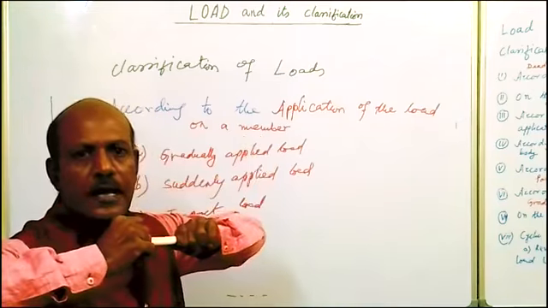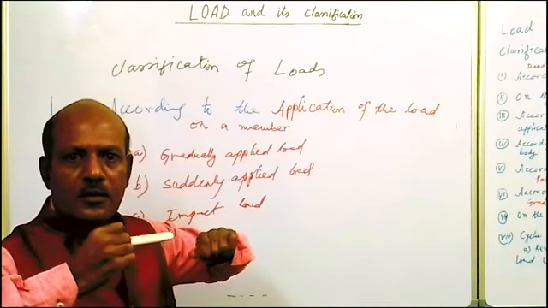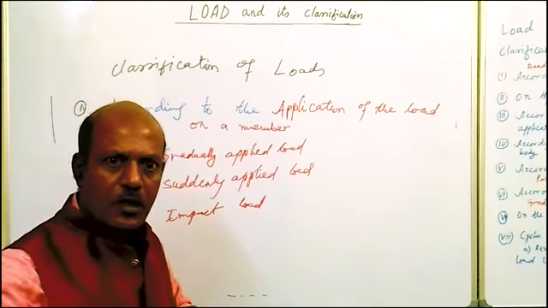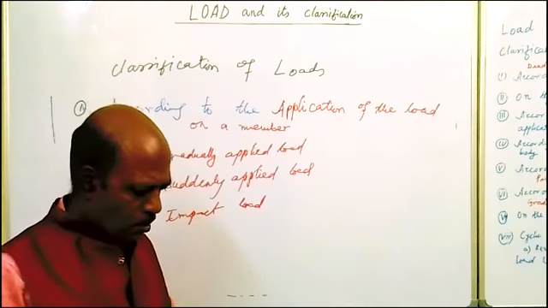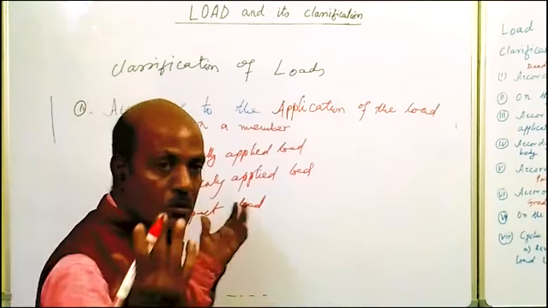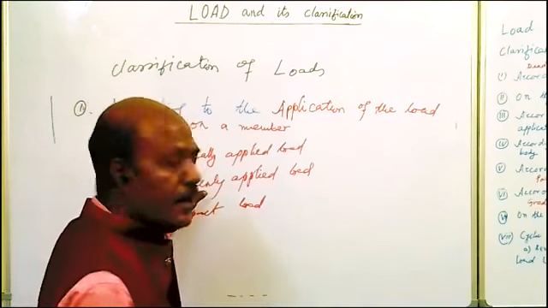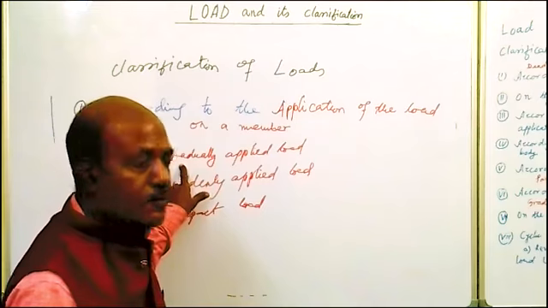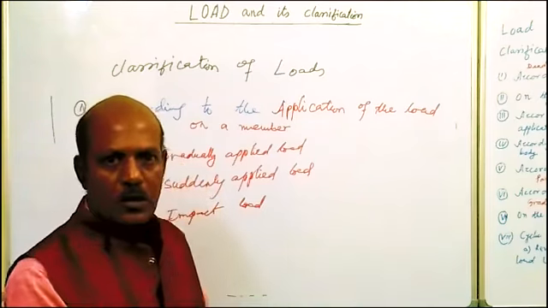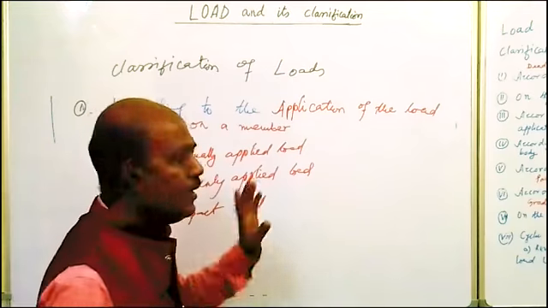Now you try to put some force over it to some maximum value. So on the spring the application of load will be from 0 to some maximum value, say 0 to F. Okay, and it requires some time. That kind of load is called gradually applied load, and the second kind of load is called suddenly applied load.